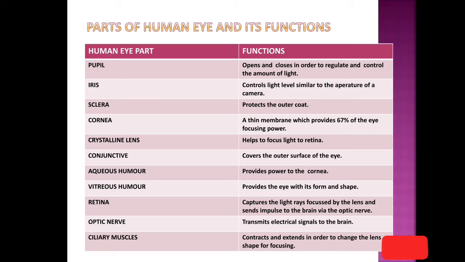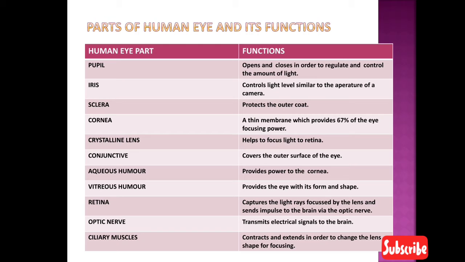Then next is the conjunctiva. The conjunctiva covers the outer surface of the eye. Then next is the aqueous humor. The aqueous humor provides power to the cornea. Then next is the vitreous humor. The vitreous humor provides the eye with its form and shape. And next is the retina. The retina captures the light rays focused by the lens and sends the impulses to the brain by the optic nerve.